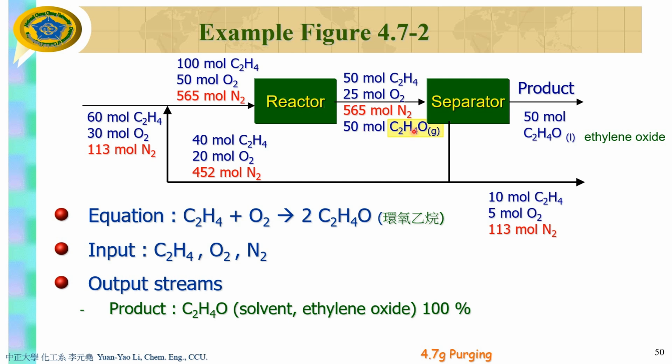So this might be in gas phase, it condenses, right? So gas phase becomes liquid phase, and then the purging stream will be some of the C2H4O, O2 and N2.